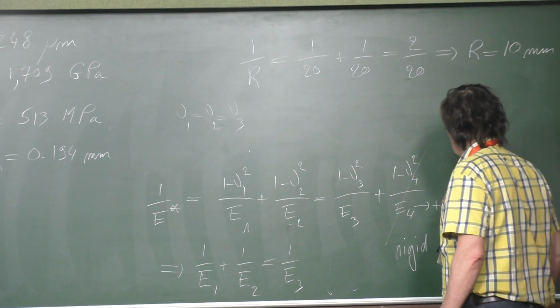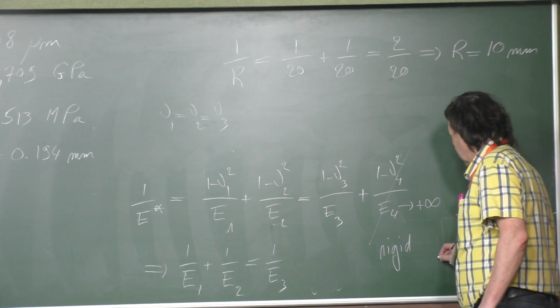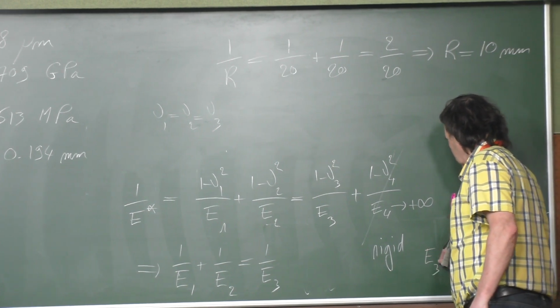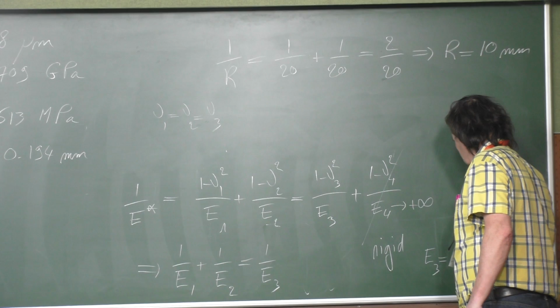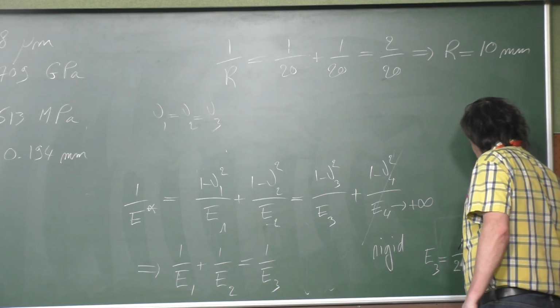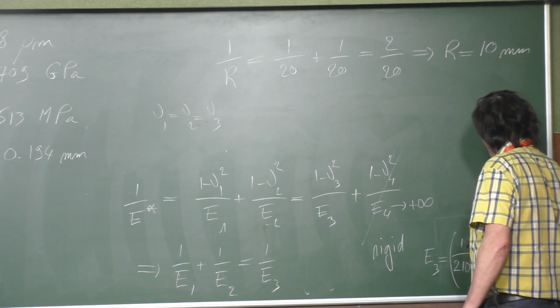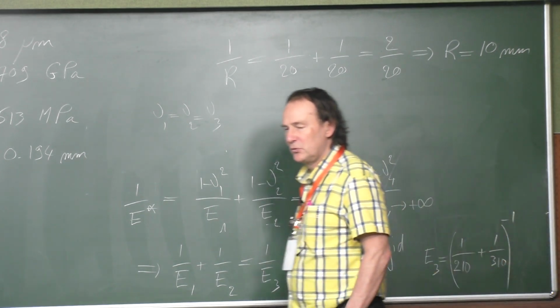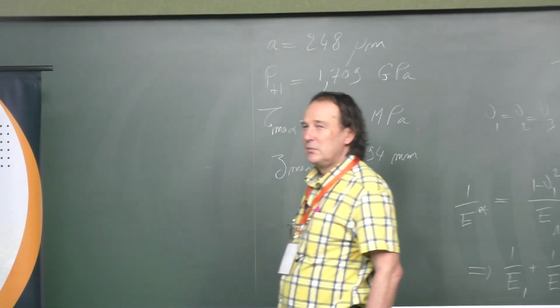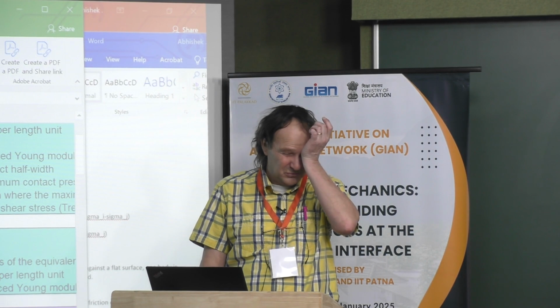And then now if you replace, it means that this is the equivalent Young modulus. It will be, for this case, I think it's 125 and 200 megapascal, something like that.